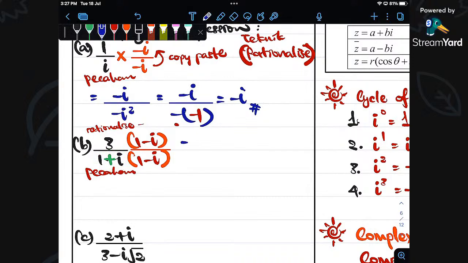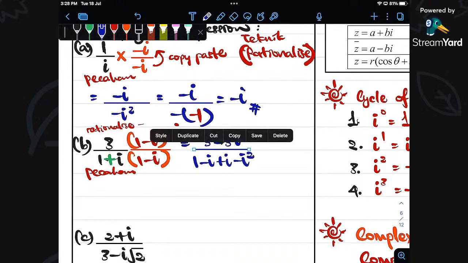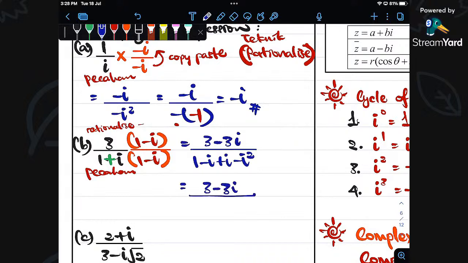And so the answer is just 3 minus 3I. And then at the back here is 1 minus I plus I minus I squared. And then you simplify it. Of course, kita kena dalam bentuk A plus BI.